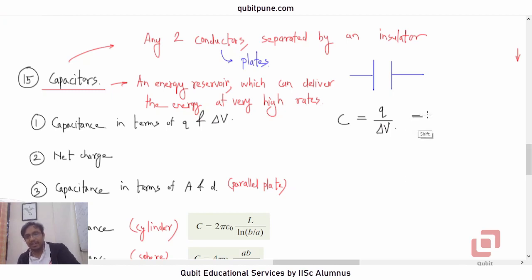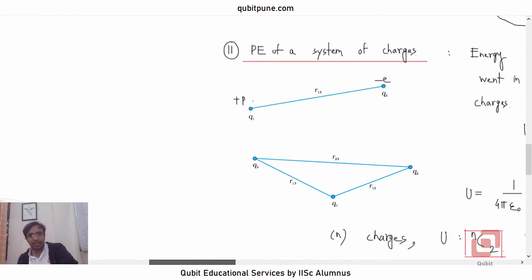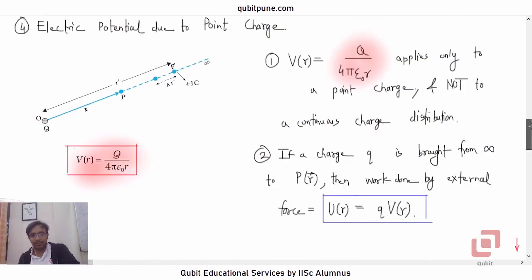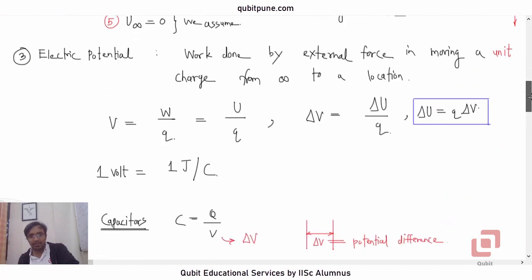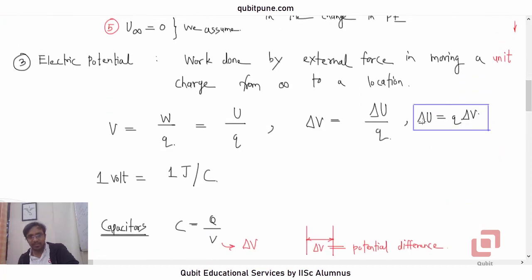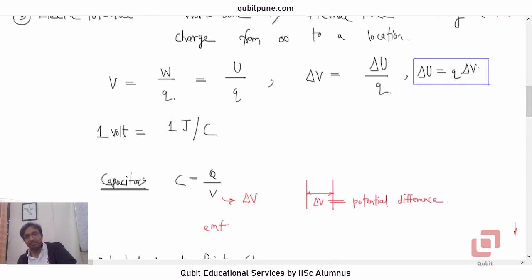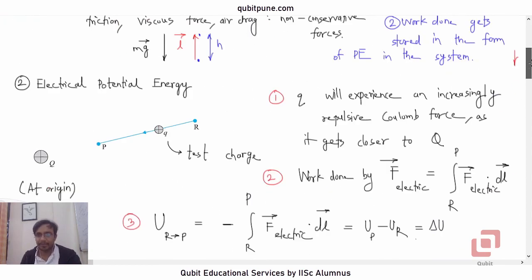We often say that it is Q by V, but by V we actually mean the potential difference. That's what I was telling you at the beginning of our lecture. We say delta U is equal to Q delta V, but we often write it as V. For capacitors it is actually potential difference between the plates, but we write it as V.